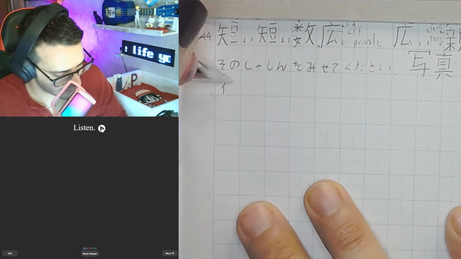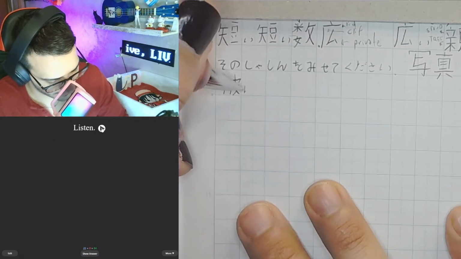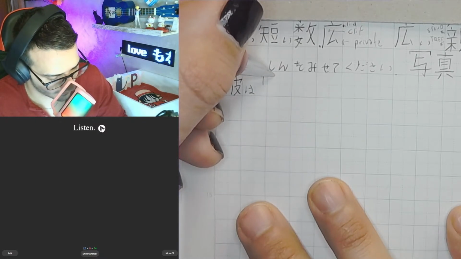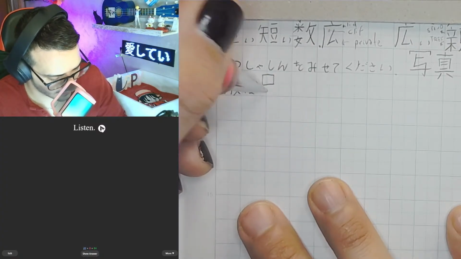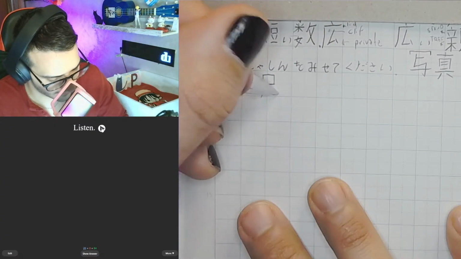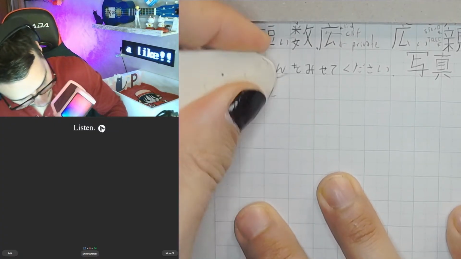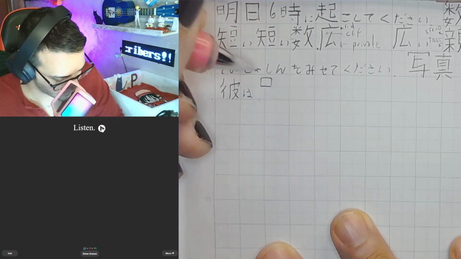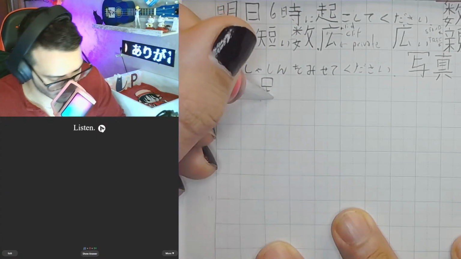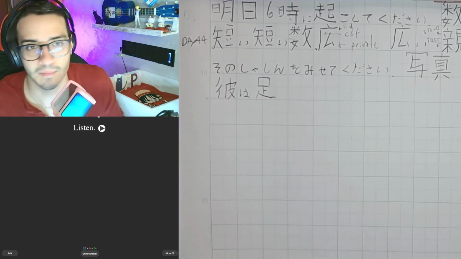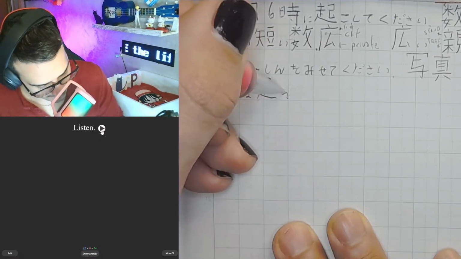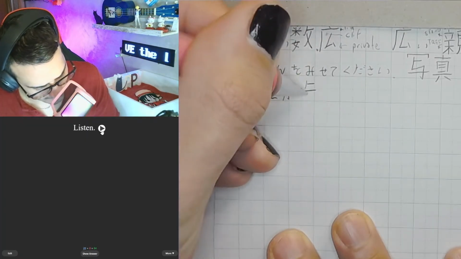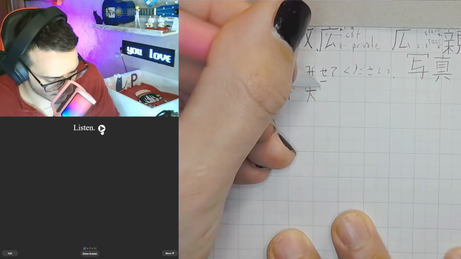彼は足 is the same as 足りる, to be enough. So the mouth radical, and then the famous bolts of cloth. 彼は足が短い。So the 短い radicals are the arrow and 豆, beans.